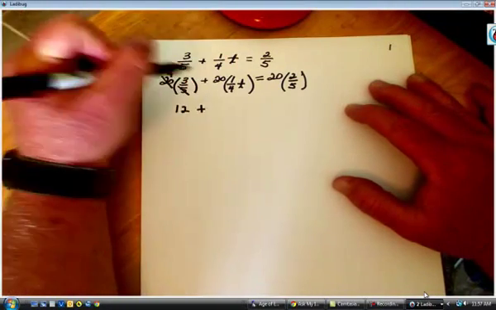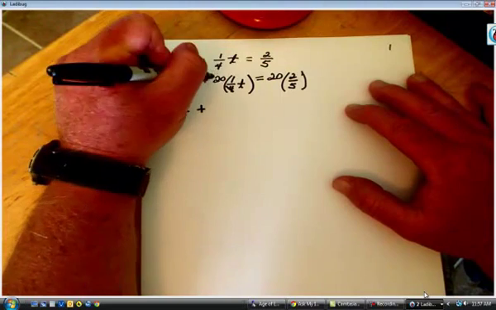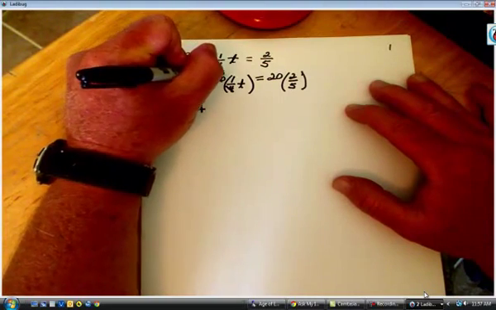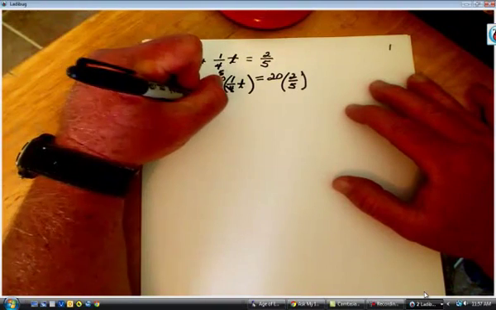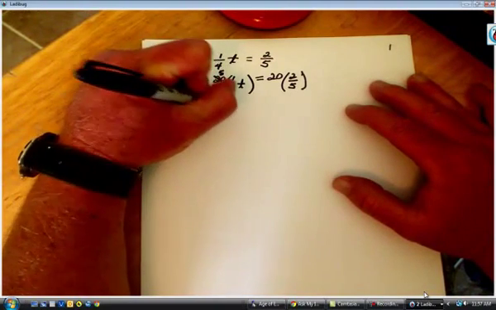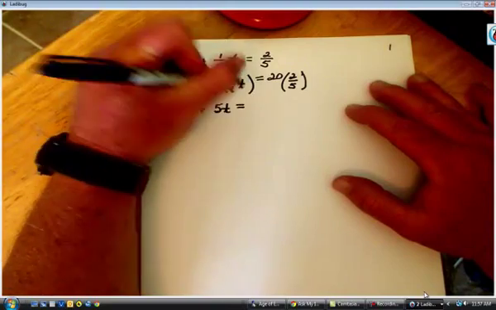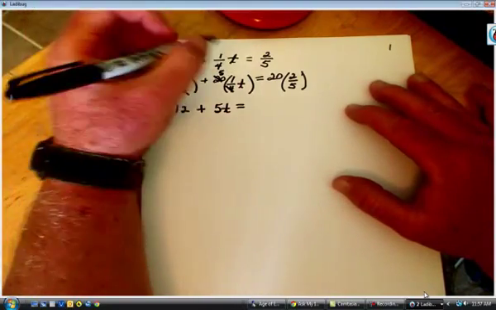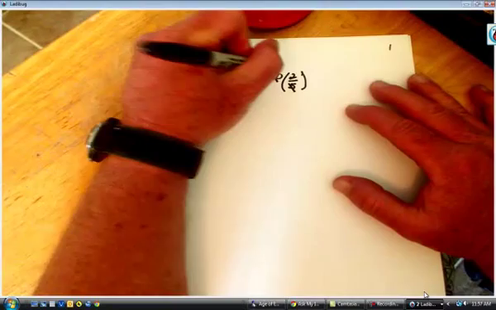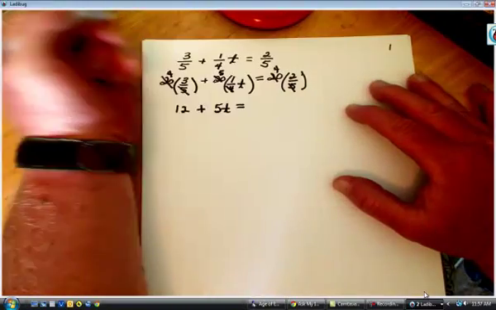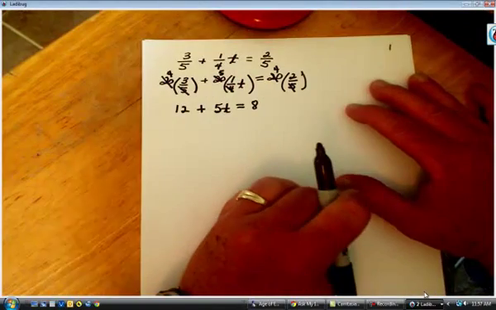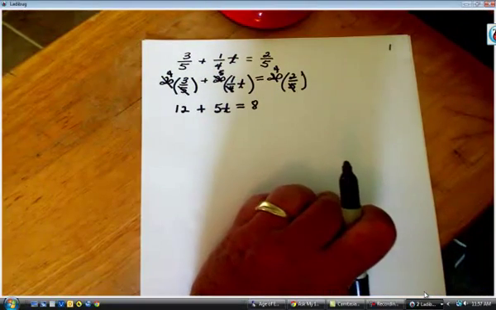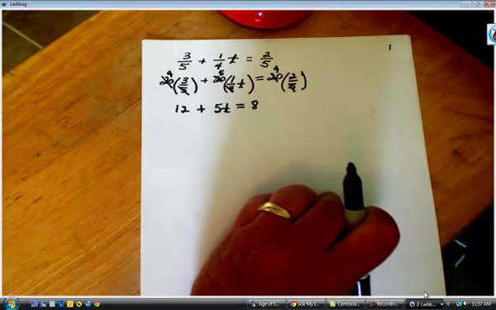Plus 4 goes into 20 5 times, and 5 times 1 times t is 5t, equals 5 goes into 20 4 times, and 4 times 2 is 8. And now you see we have an equation that has no fractions in it at all, which is always nice.